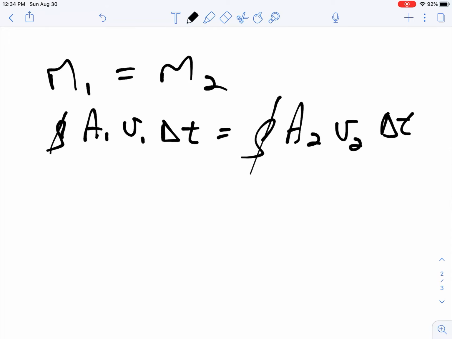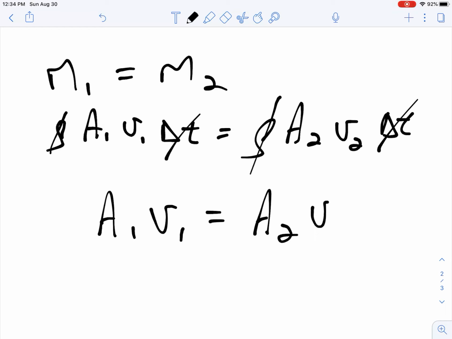And since the density is the same for both, and if I push on it for 3 seconds on one side, it's going to move for those same 3 seconds on the other side, so that cancels, and that gives us our continuity equation.